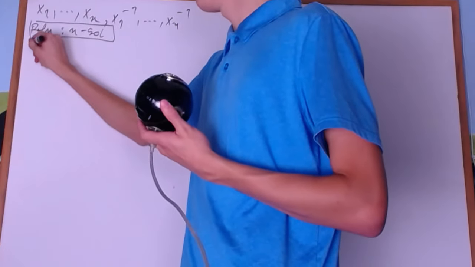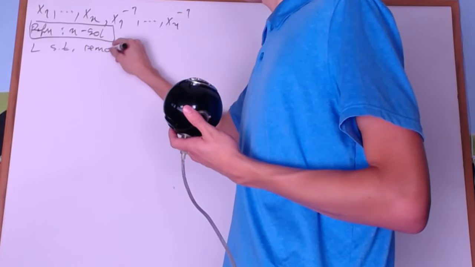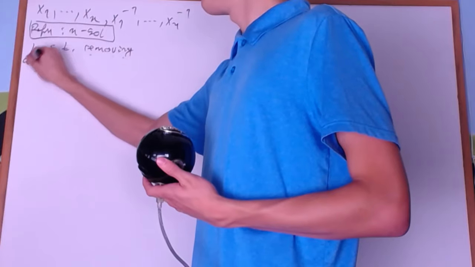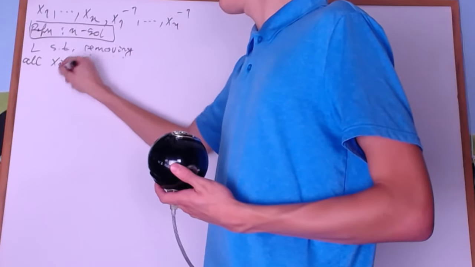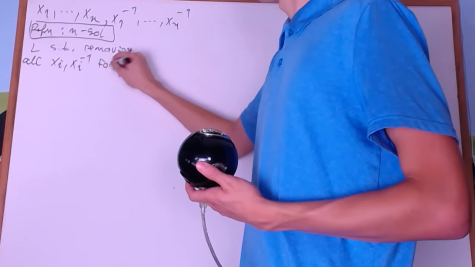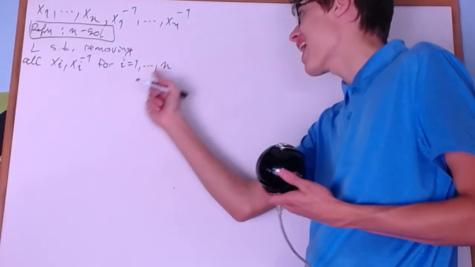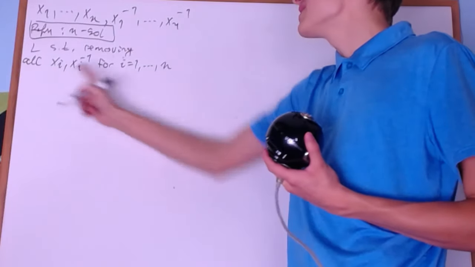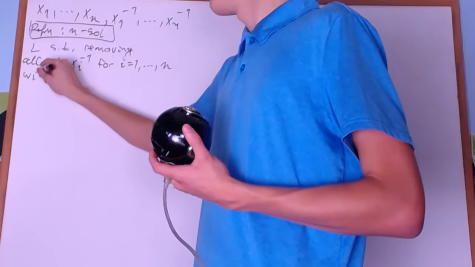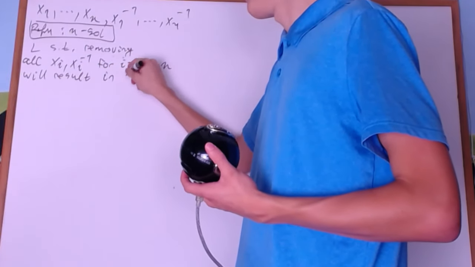Let's call it L, such that removing all instances of xi and xi inverse for i equals 1 to n, and you just pick a specific i, such that removing all instances of that in that product will result in the identity, will result in 1.